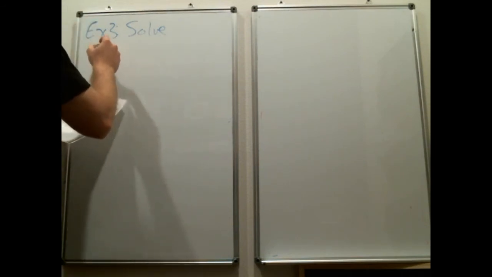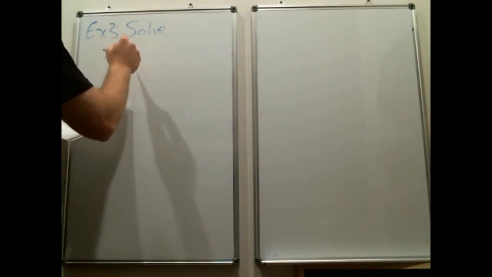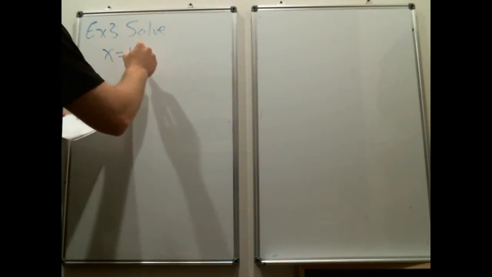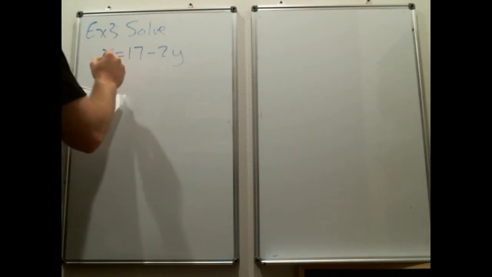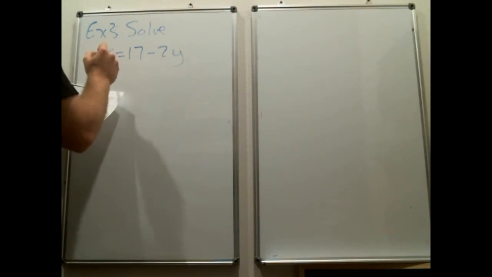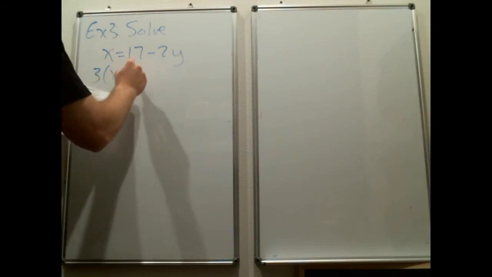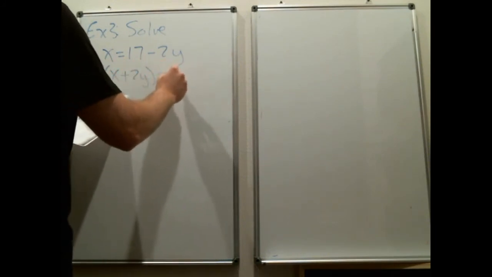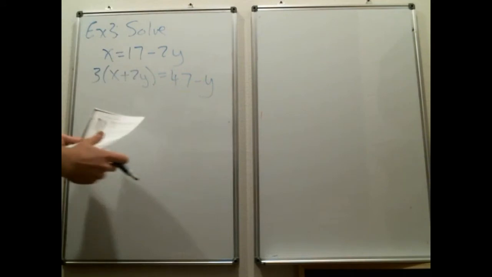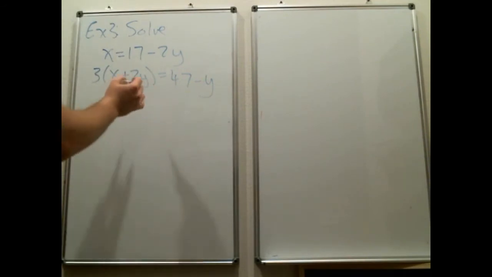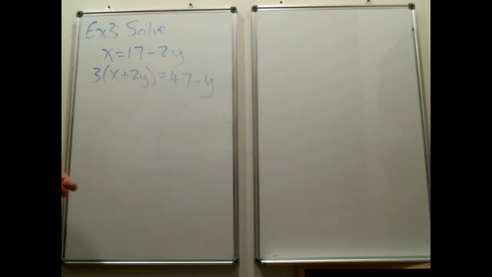So solve x equals 17 minus 2y, and then 3 times x plus 2y is equal to 47 minus y. Alright, so this is obviously different than what we just did.